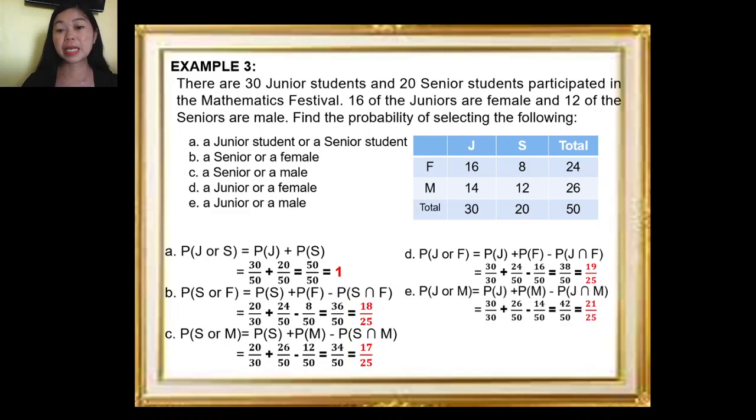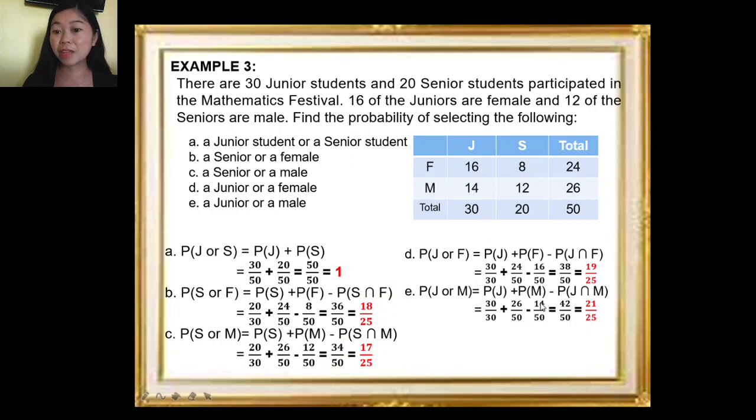Then, for letter E, probability that it is junior or male is equal to the probability of junior plus probability of male minus the probability of intersection of junior and male. So, meron ulit intersection yun. Ang junior natin, so ito 30. Ang male natin, ito 26. Yan. Nagkaroon ng intersection yung junior and male dun sa 14. So, junior, male, 14.